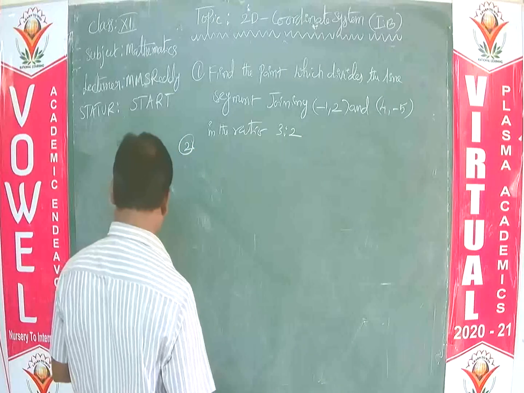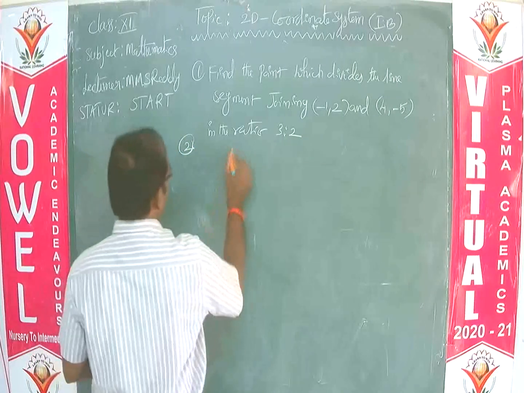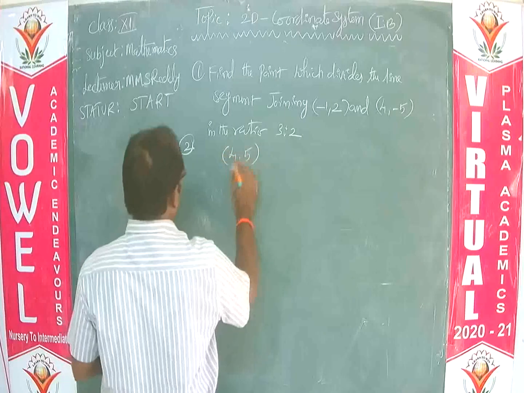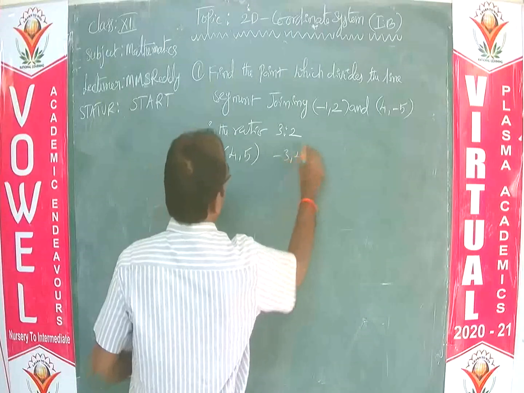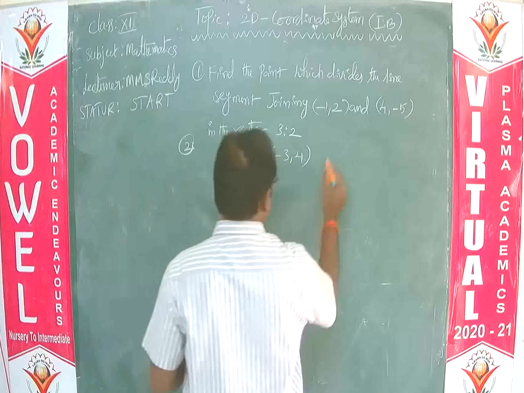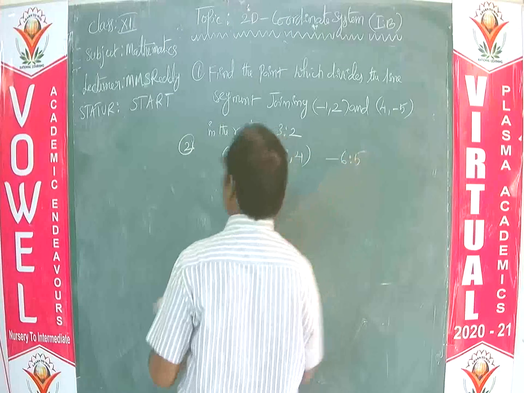Second, joining (4, 5) and (minus 3, 4) in the ratio minus 6:5.